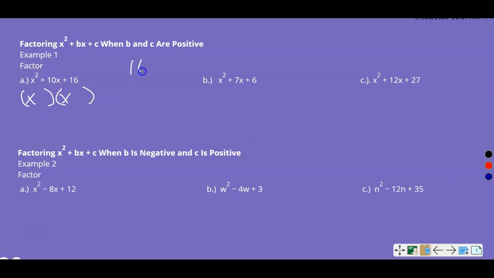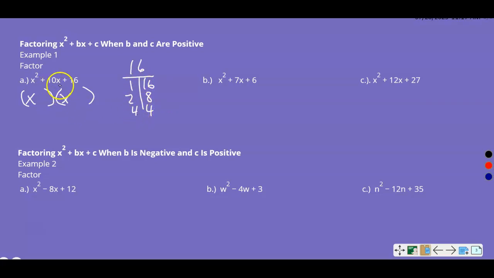So you can quickly make a table and look at all the numbers that multiply to give you 16. 1 and 16, 2 and 8, 3 does not go into 16, 4 and 4 is 16, 5 does not go, 6 does not go, 7 does not, 8, and 8 and 2 is already on there, so that's all of my factors of 16.